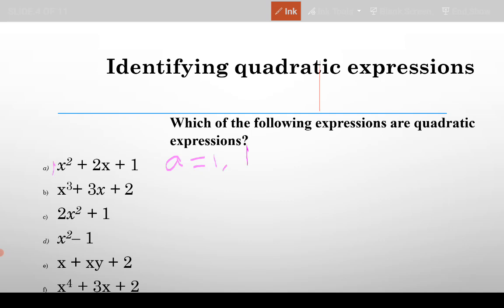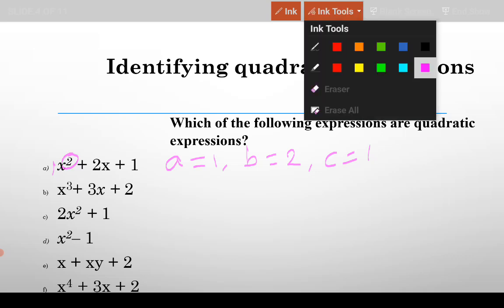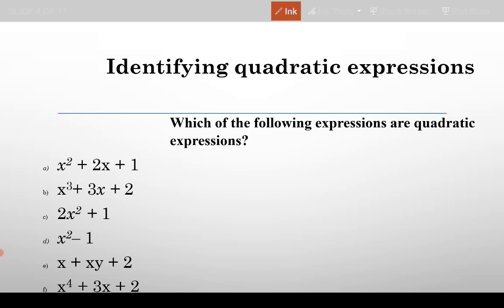And b is equal to 2, c is equal to 1, which are all real numbers. And the highest power is 2. So therefore this is quadratic. The first one is quadratic.